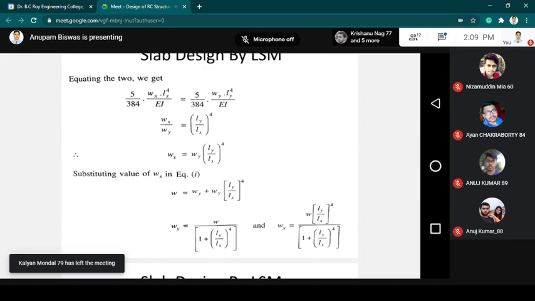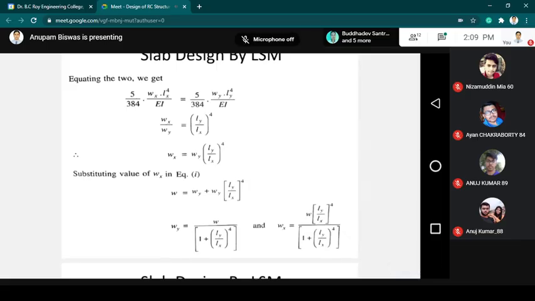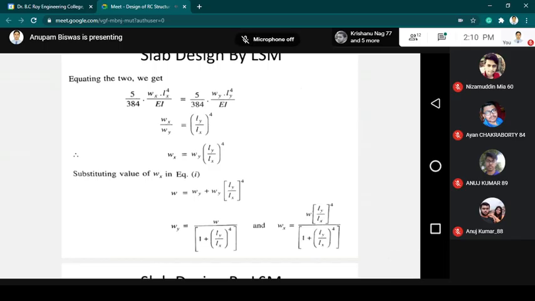Substituting the value of Wx in the equation W equal to Wy plus Wx, we get the values of Wy and Wx both in terms of W, Ly and Lx.